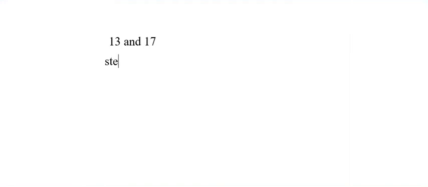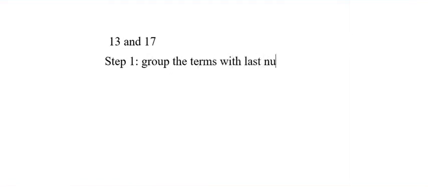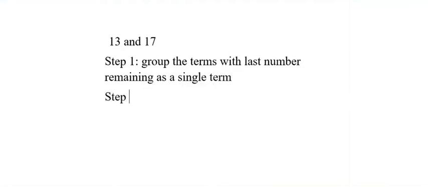Same step number 1, as usual, group the terms with the last number remaining as a single term. And for the divisibility rule of 7 and 19, what did I say? You will multiply the last number by 2.